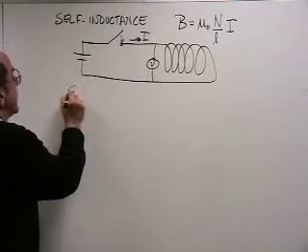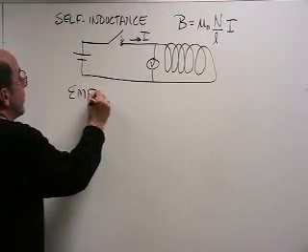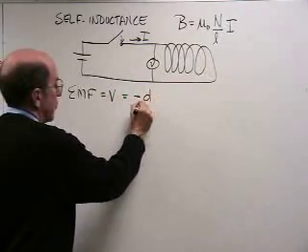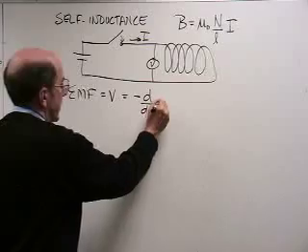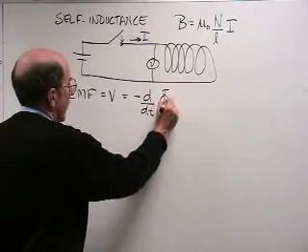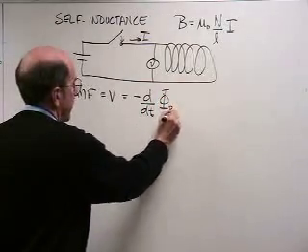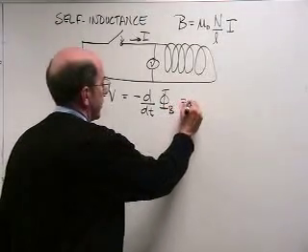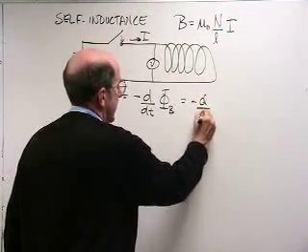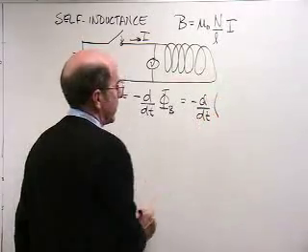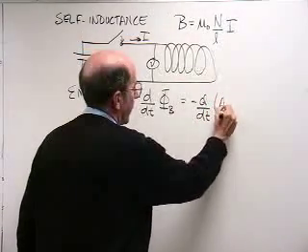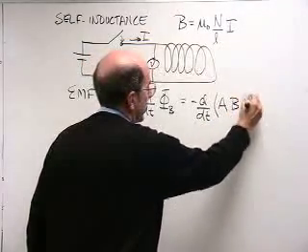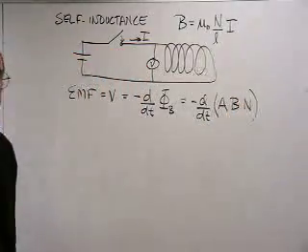So the EMF, which we will measure on the voltmeter, will be equal to minus the change in magnetic flux through the coil. And that's going to be equal to minus d/dt of the area of the coil times the magnetic field inside the coil times the number of turns. Okay, that's magnetic flux.